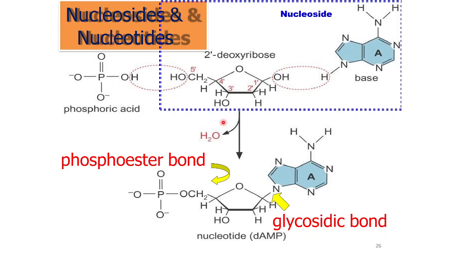Then what happens is that there is a loss of water, and then there is joining of the phosphate group to this particular 5' carbon and the nitrogenous base to the 1' carbon, and then there is a glycosidic bond formation and phosphoester bond formation.